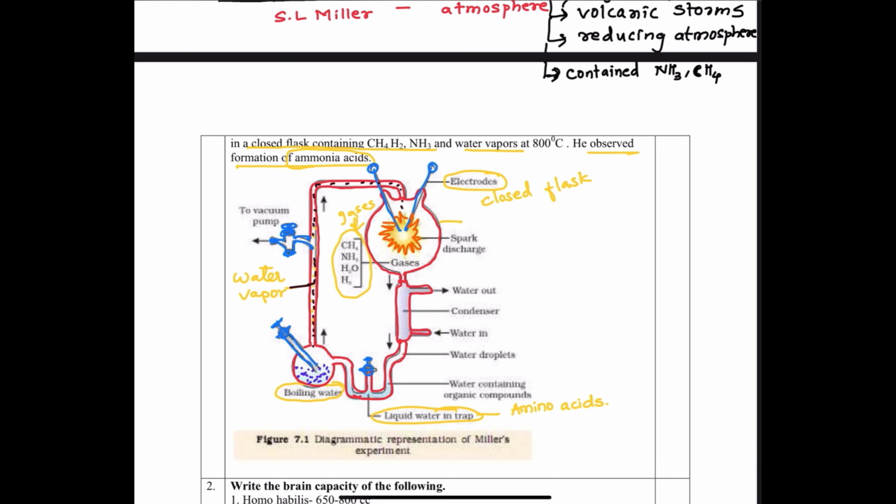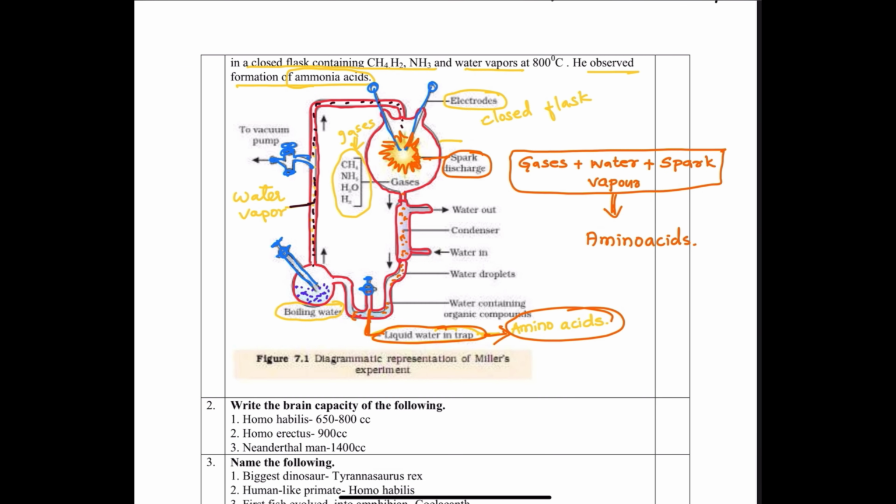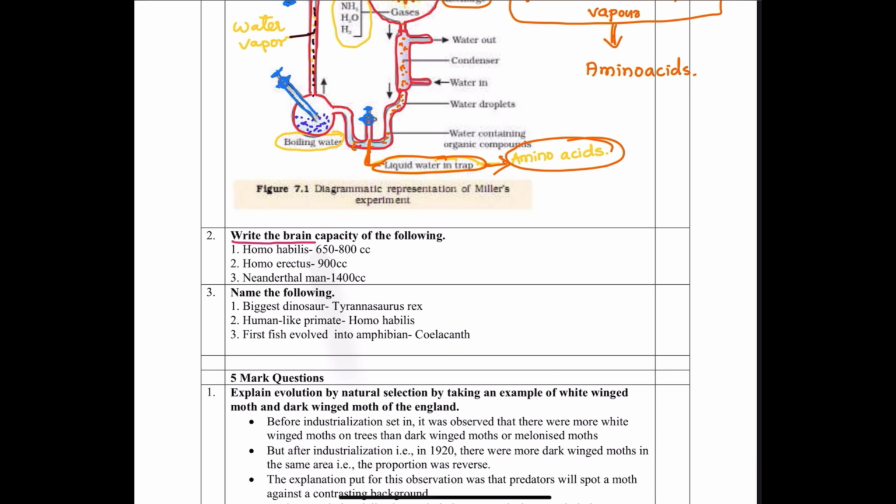We get water vapor and it mixes with the gases present in the flask: CH4, NH3, H2O, H2. Then we have electrodes, and these electrodes give a spark discharge. When gases, water and water vapor plus spark mix, you will get amino acids, and these amino acids collect at this particular point, the liquid water trap. So there you will find amino acids.